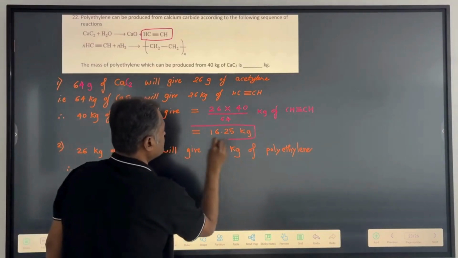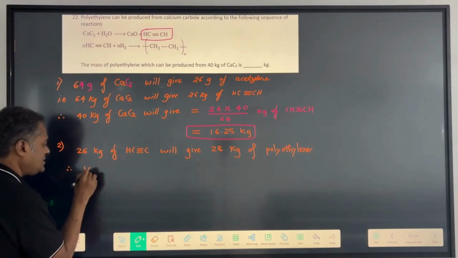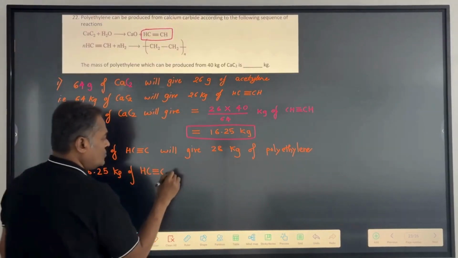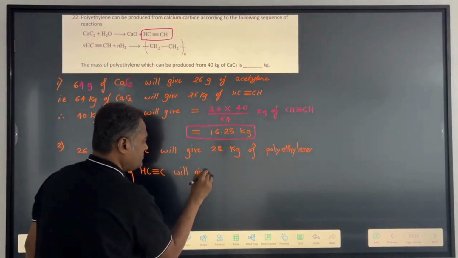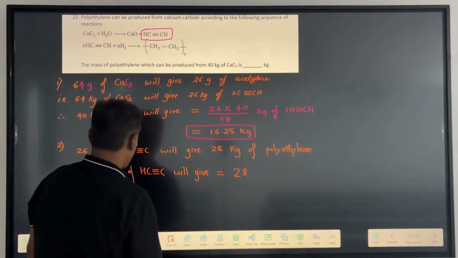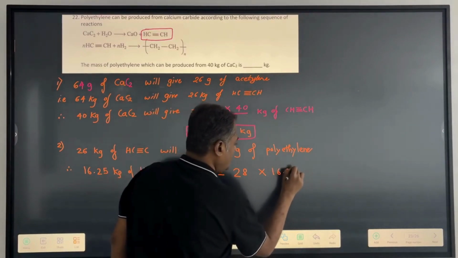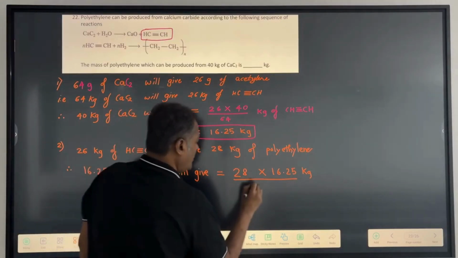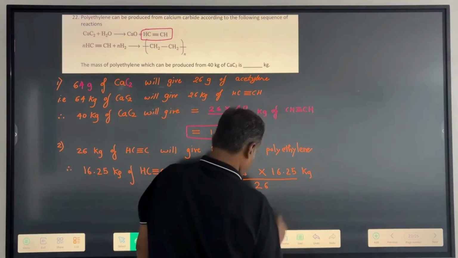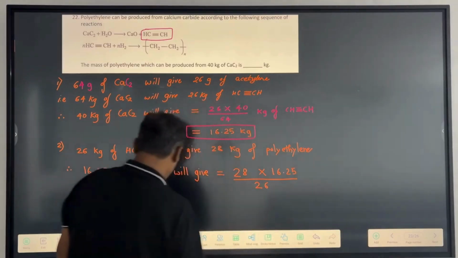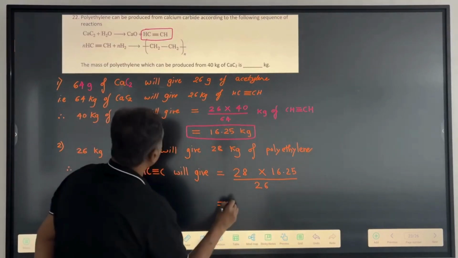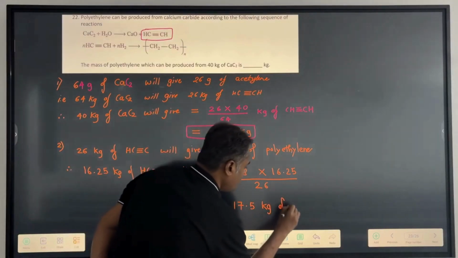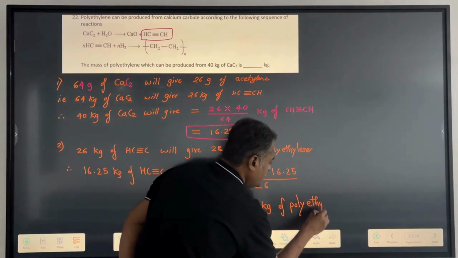Now, therefore, the amount that you have got: 16.25 kgs of acetylene will give 28 multiplied by 16.25 kgs upon 26, and if you calculate over here, the answer comes to 17.5 kg of polyethylene.